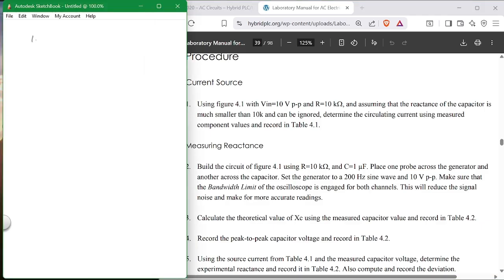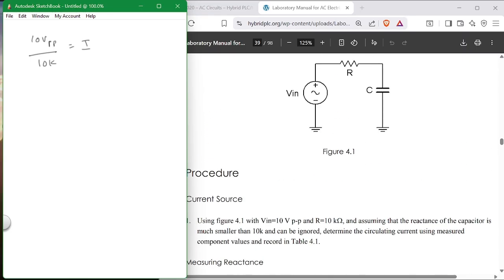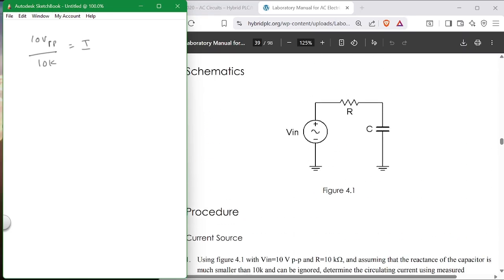So 10 volts peak to peak, and then you're going to run that through a 10K resistor, and that's going to give you your I, because he's saying that the reactance of the capacitor is much smaller than 10K and can be ignored. So in this circuit, how you get your I is based on this over this. You can effectively ignore this. Does that make sense?